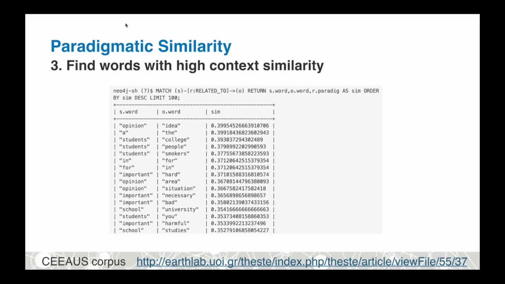So the highest similarity word pairs are at the top here. And so we have opinion, idea, students, college, students, people, important, hard. These are, from the text corpus we were looking at, the most similar words using our methodology.